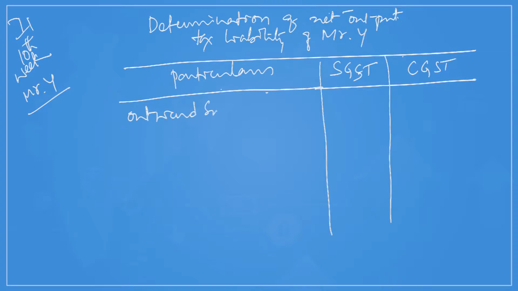Outward supply at 12% on rupees 26,500, that is 1,590 each.